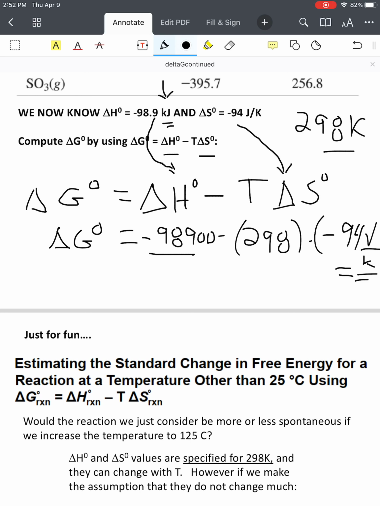So I'm going to write negative 98,900 joules here instead of 98.9 kilojoules. And in doing that, I've converted to a common set of units, and then I can solve for my delta G by punching some numbers on my calculator. And it looks like if I do that, I get a negative 70.9 kilojoules.